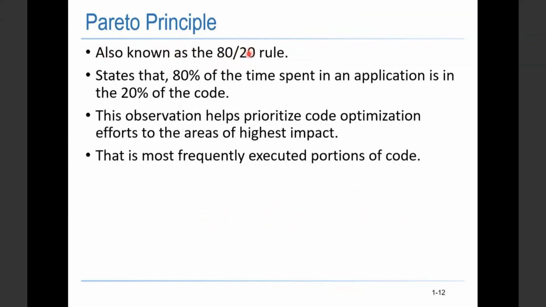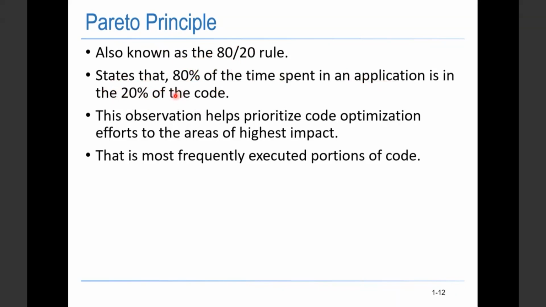So in programming, 80% of the time spent in an application is spent in 20% of the code. It means that of all the effort you put into writing your program, up to 80% of the time is consumed by only 20% of the code.